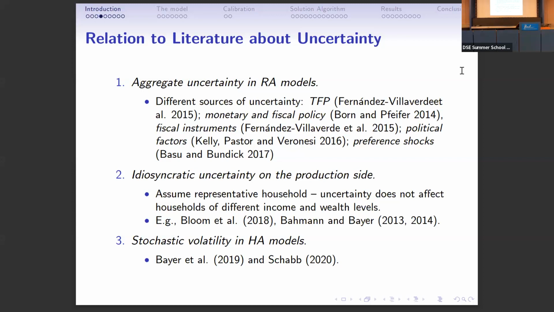So there is no paper that tries to introduce both idiosyncratic and aggregate uncertainty, right? And there are also papers about heterogeneous agents with aggregate stochastic output.